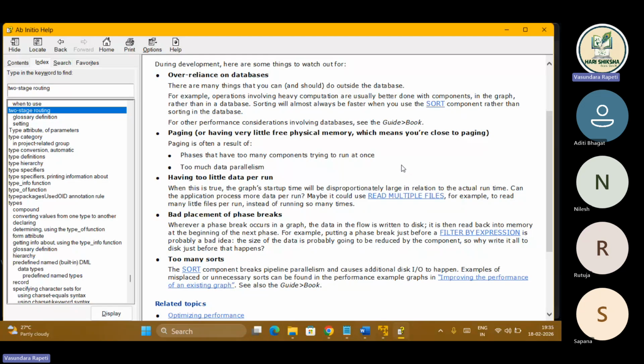Instead, read all 60 files, combine them using the Read Multiple Files component, create one single big file, and then run one graph. Instead of running the same graph 60 times for 60 small files, run it one time for the entire big file.